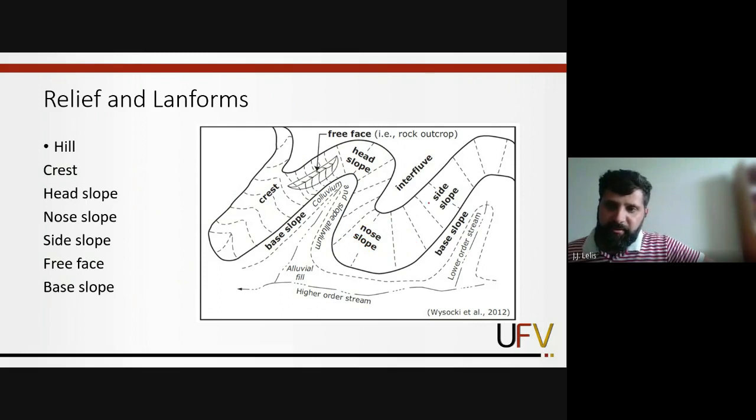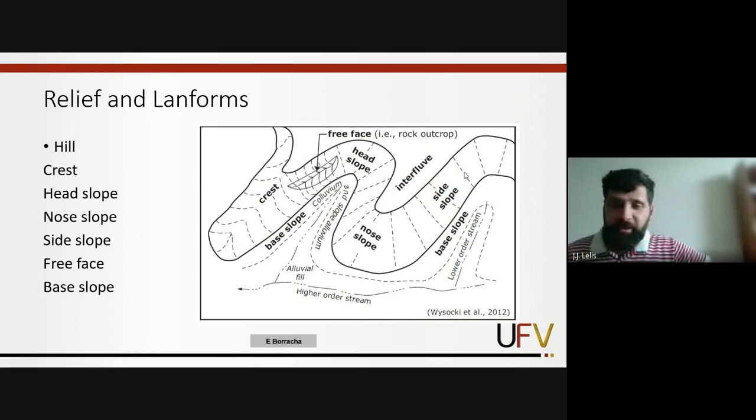And in the side slope, all the rain that falls in this area has a parallel drain. So you don't drain to the same point, but you also don't diverge in direction. They have the same direction, but they are parallel to each other.